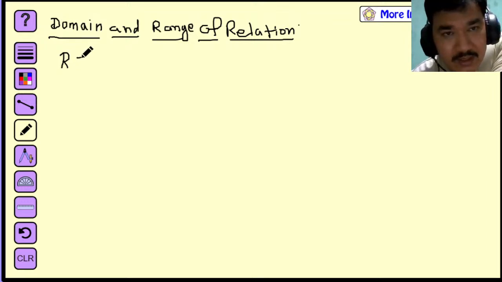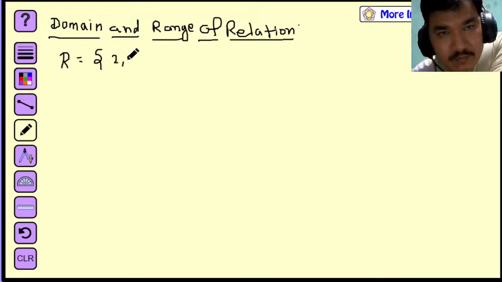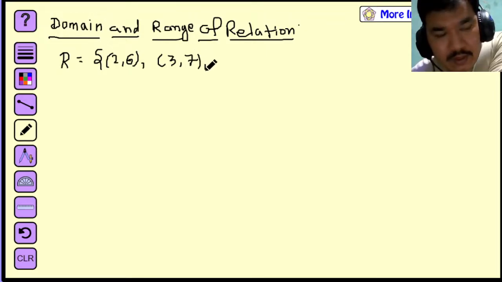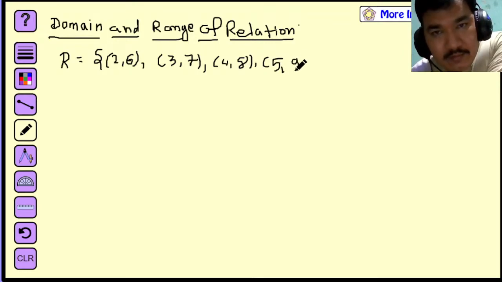In this relation there is given the set of order pairs, right? One order pair is 2 6, and the next order pair is 3 7, okay, right. And the next order pair is given there 4 8, okay. And the next order pair is given 5 9. This is one relation given there, okay.